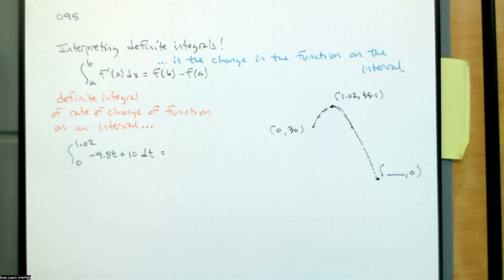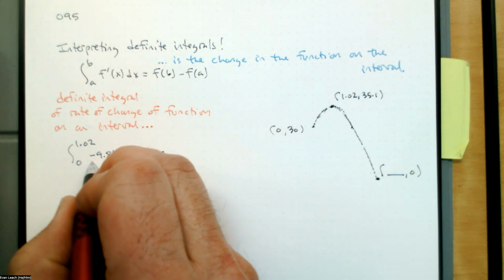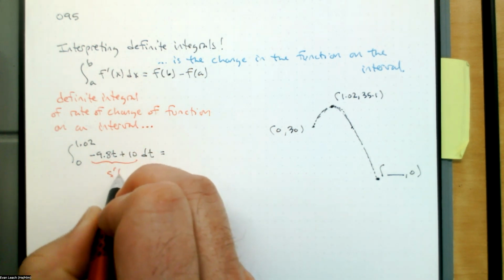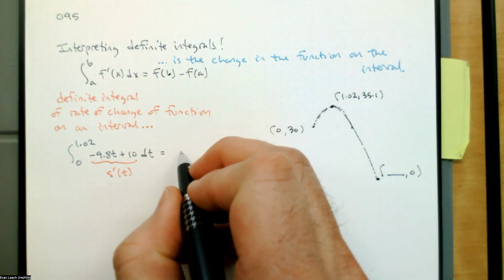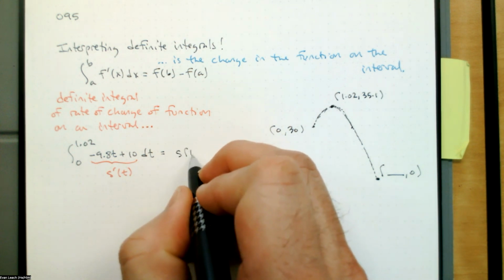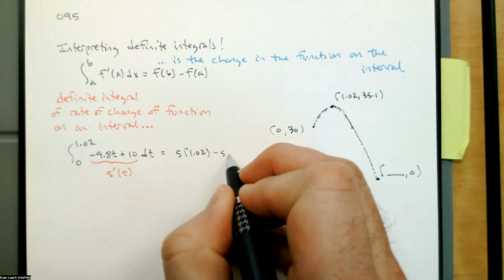That's our v of t, or our s prime. Integrating from 0 to 1.02 will tell us how much the height changed in that time. Just fitting it into the fundamental theorem of calculus, it's going to be s of 1.02 minus s of 0.